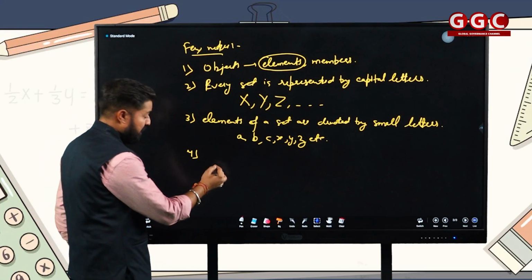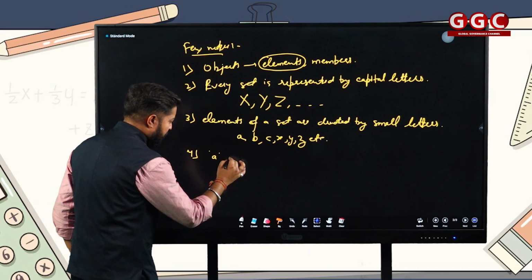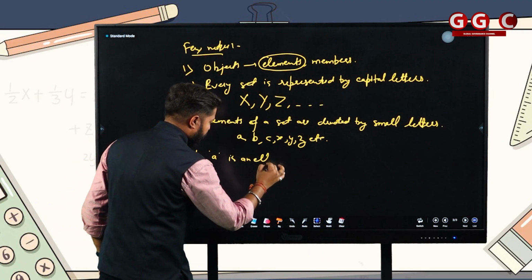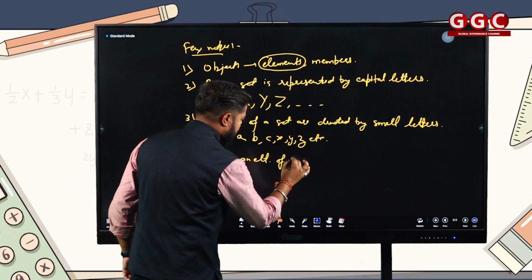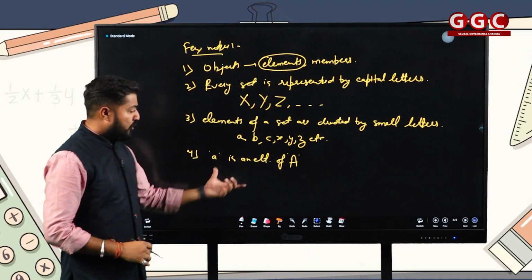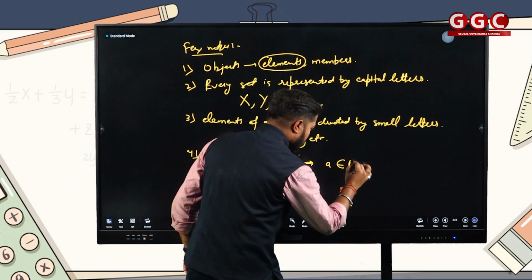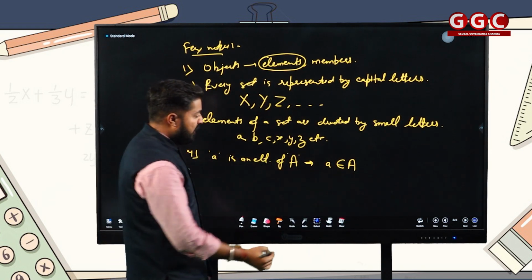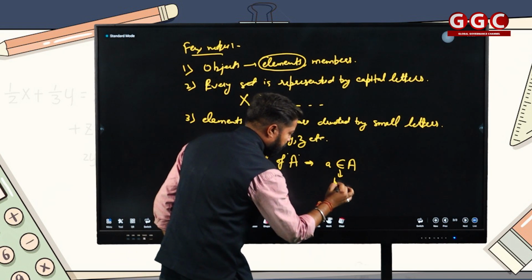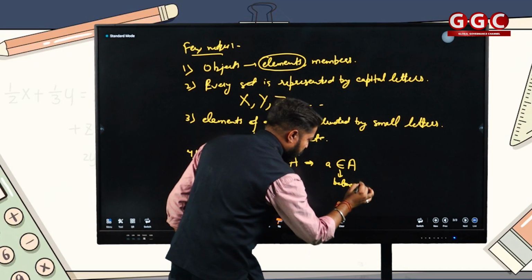If suppose a is an element of set capital A, we write it as a belongs to capital A. This is a symbol that represents belongs to.